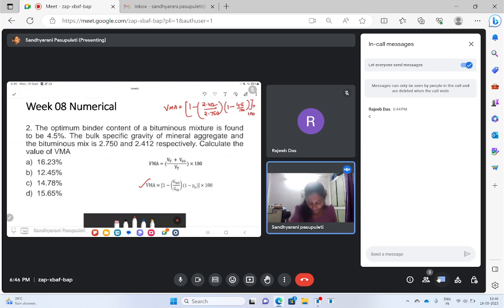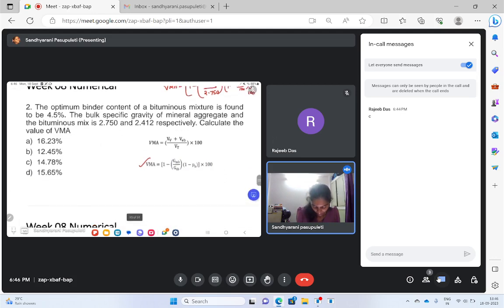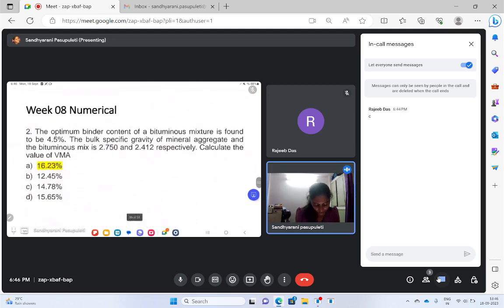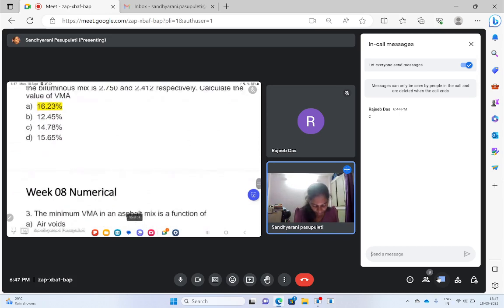If we substitute this and calculate, we will get the answer 16.23 as the voids in mineral aggregates, or VMA.